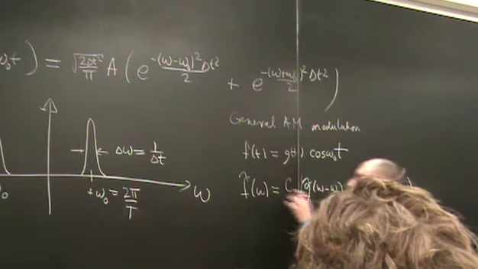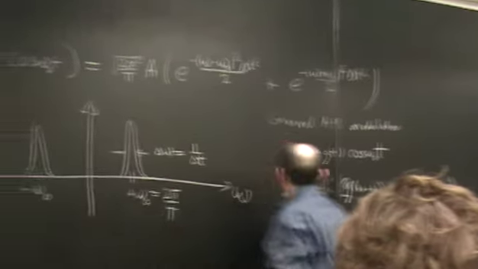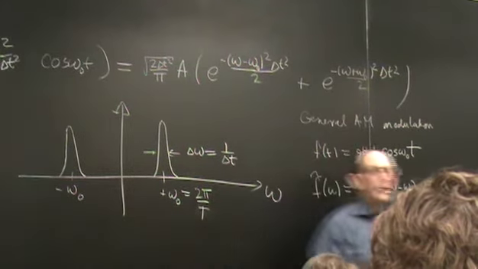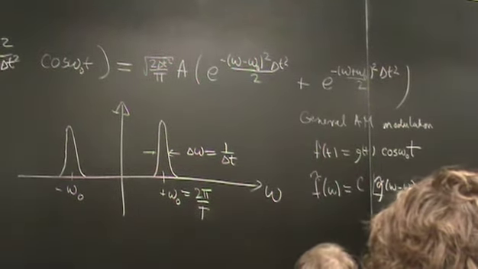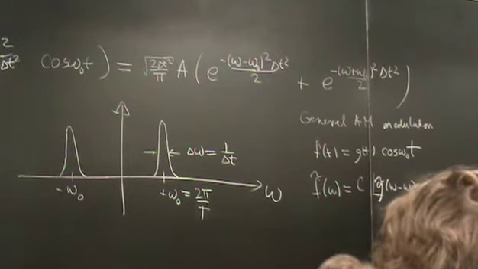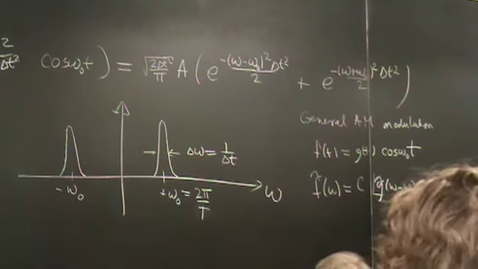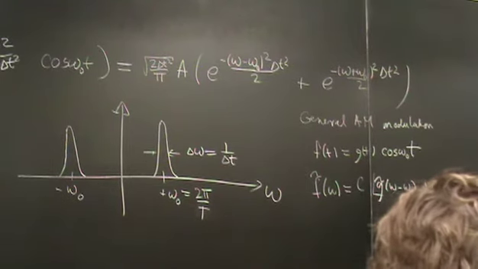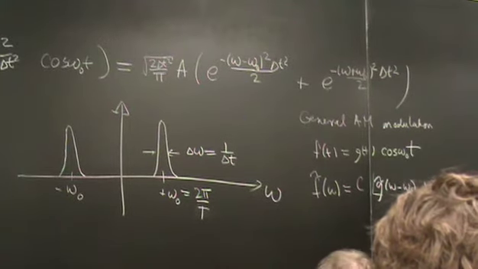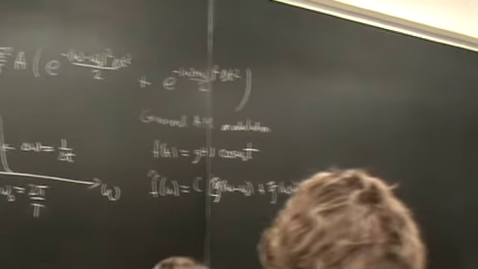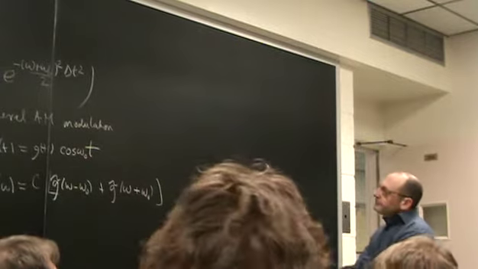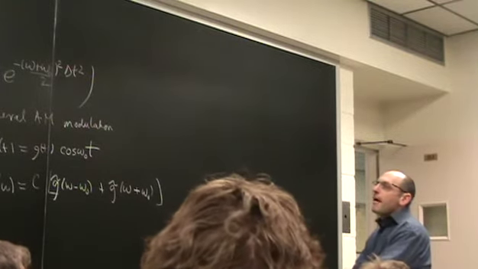So right here we had g tilde is a Gaussian, one centered at plus omega naught and another centered at minus omega naught. All right? Okay. So, I hope most of this is pretty darn familiar to you, but again, I would review it if it's not. We can discuss it more.